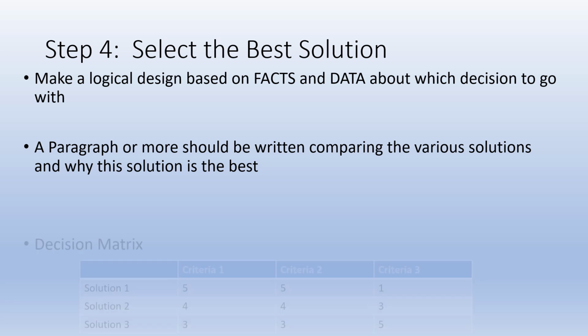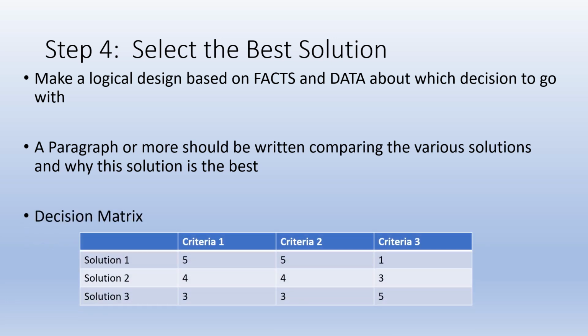So in 7th grade engineering, we use that whole decision matrix. On the left-hand side, we had the various solutions, and at the top, we had the criteria, and then we rated each solution based upon the criteria, and then that gave us the best decision or the best solution that we should have gone with.